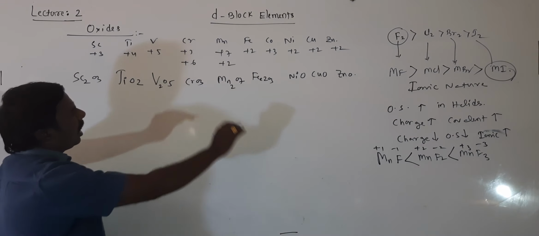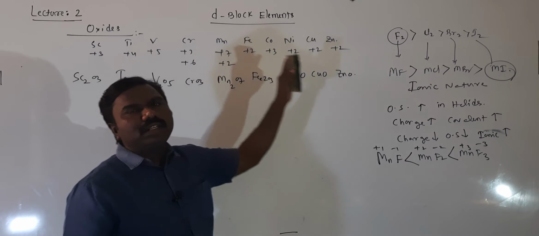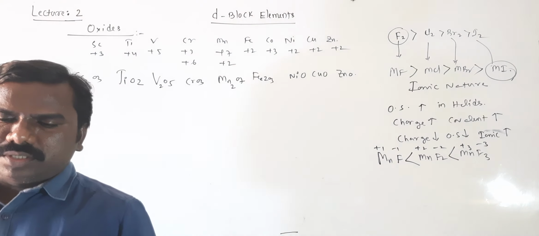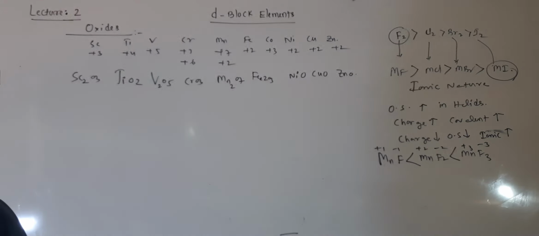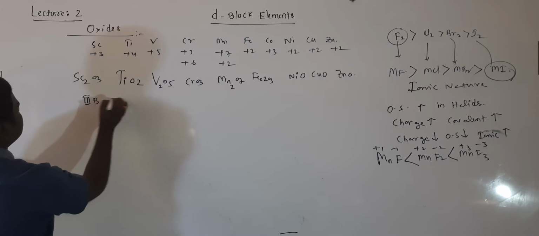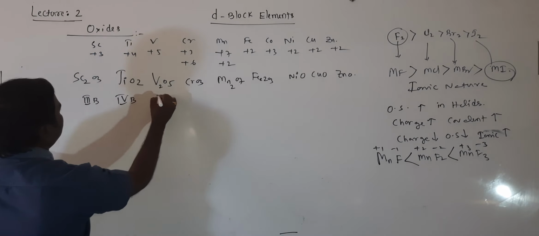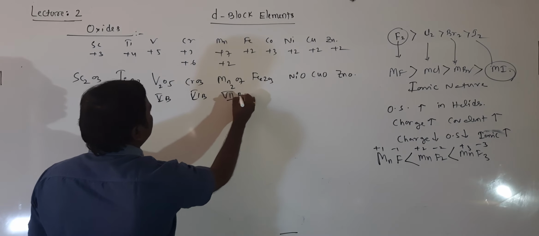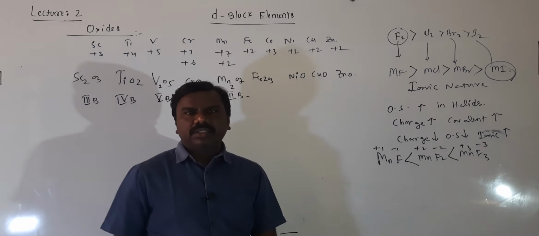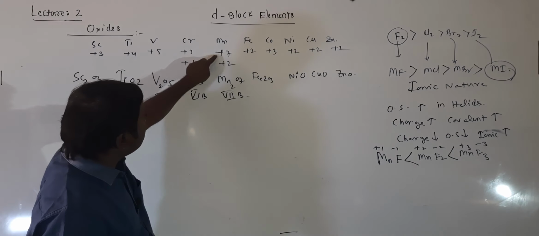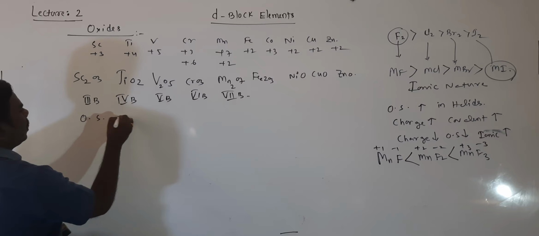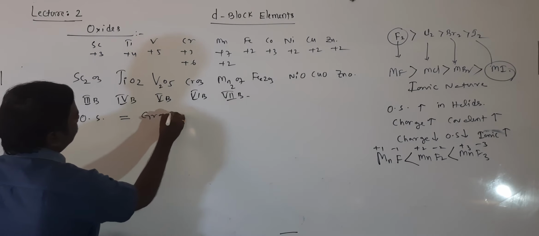So here in oxides also oxidation state increases followed by decreases, because the number of unpaired electrons increases followed by decreases. This is group 3B, it is 4B, 5B, 6B, 7B, 8B, 9, like that. It means oxidation state is equal to group number.